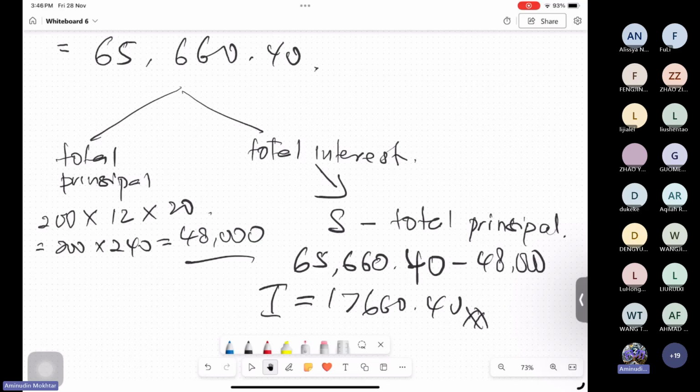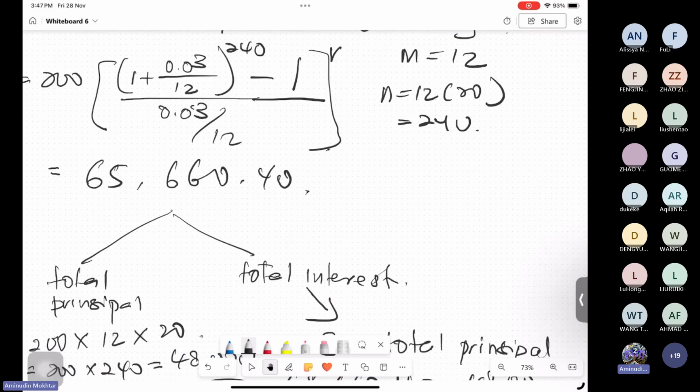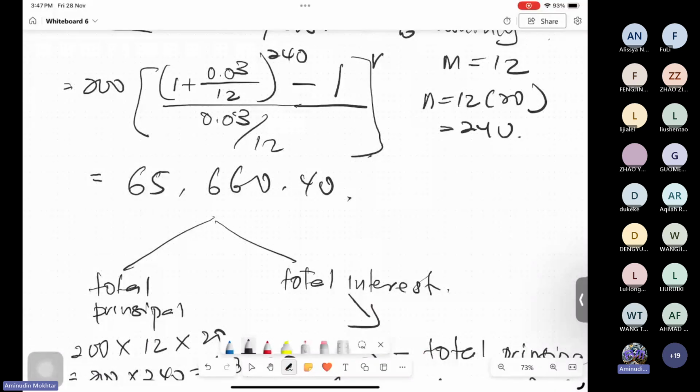In other words, if every month you save 200 ringgit for 20 years, with an interest rate of 3% per year, 0.03 per annum, compounded monthly, M equal to 12, you will get a future value of 65,660 and 40 cents.